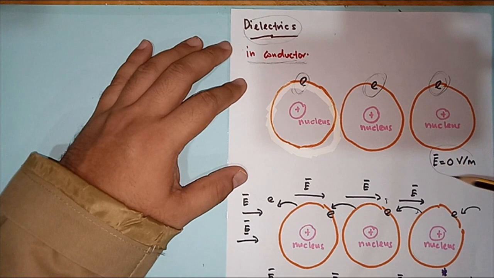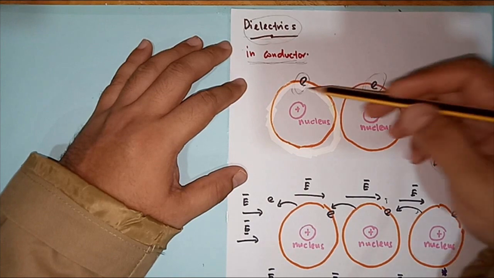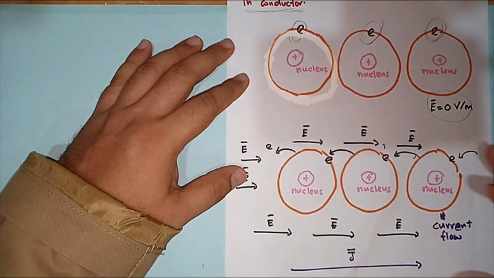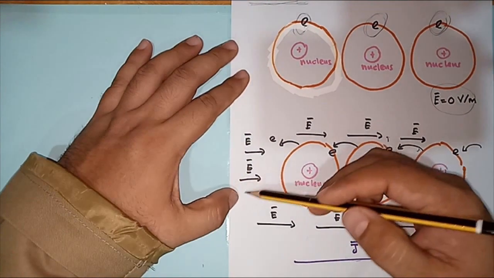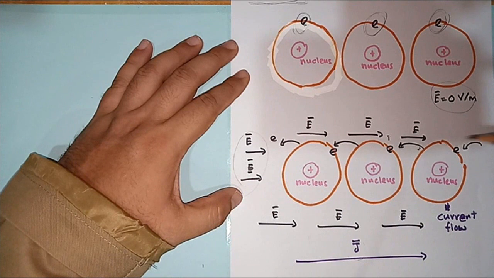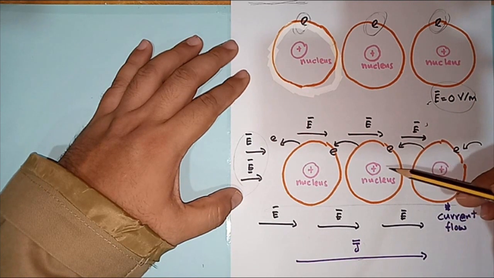Without any electric field, basically the electron will be tied in each atom. However, when we apply at least a small value of electric field to the atom of a conductor, the electron is able to move or migrate from one atom to another.